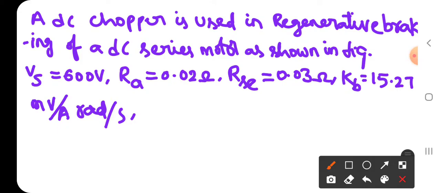The average armature current is maintained constant at 250 amps.